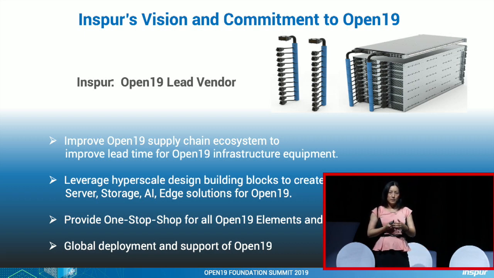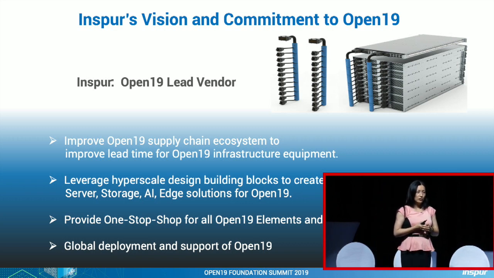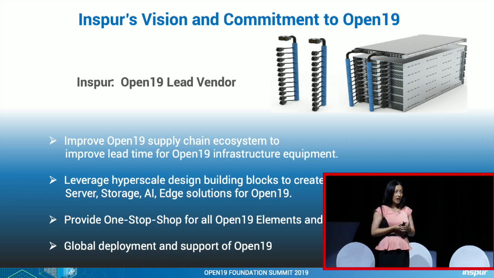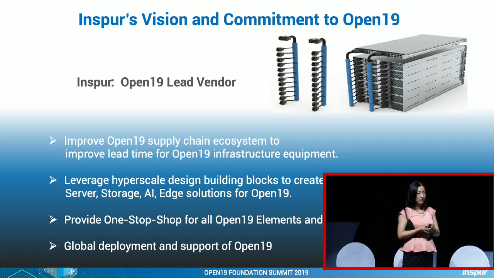So Inspur's commitment is to make everything in the Open19 form factor available, and to make a turnkey solution set for customers so they can easily come to Inspur and get everything from one source. We have already designed a cage for Open19, and we are testing it, and it should be in production very soon, in addition to the existing vendors out there for the cage.